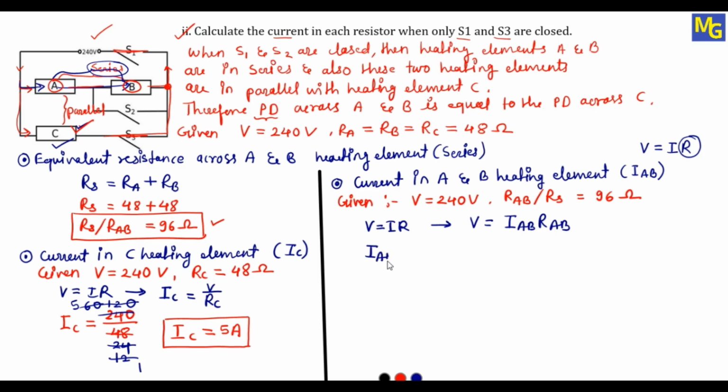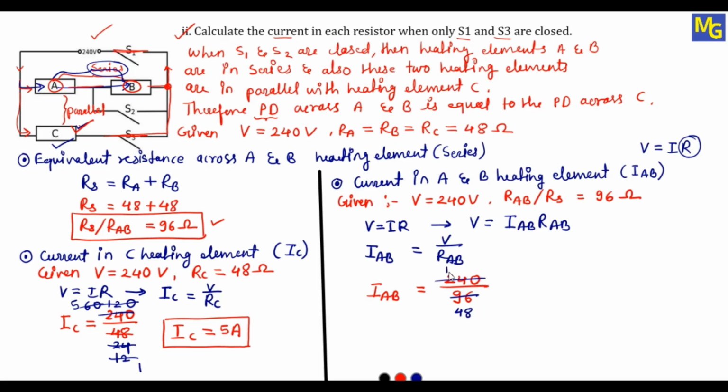Now substitute the values. What we have, IAB is equals to V divided by 96. Now we will divide it. So now I'll use first 2. Here 2 4s are 8, 2 8s are 16, 2 1s are 2, 2 2s are 4, 2 zeros are 0. So what we got it here?